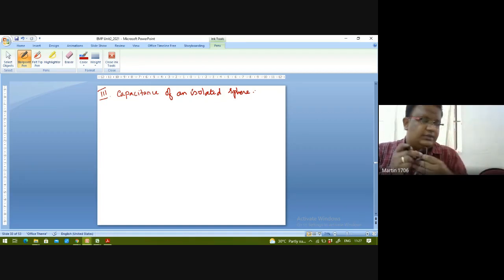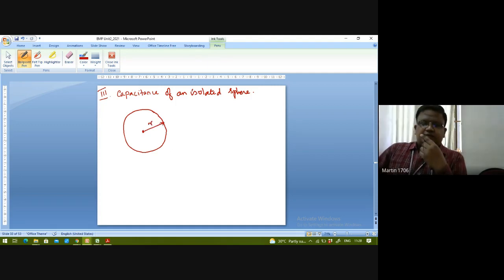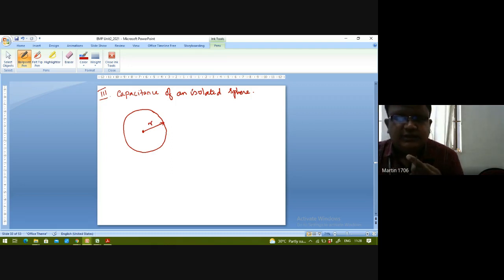Suppose consider this is the one. It is oriented in all three directions having the same radius R. Then what is its capacitance? It has a common radius, common diameter.